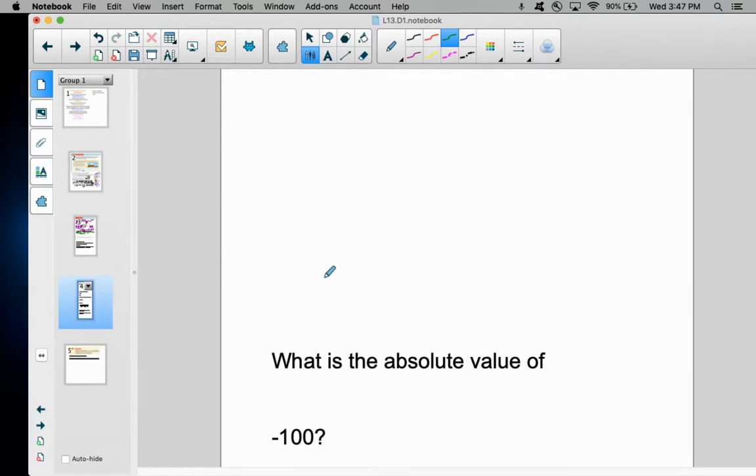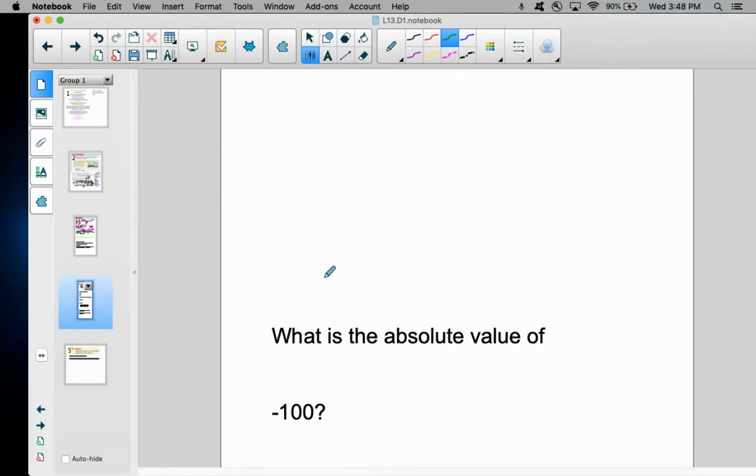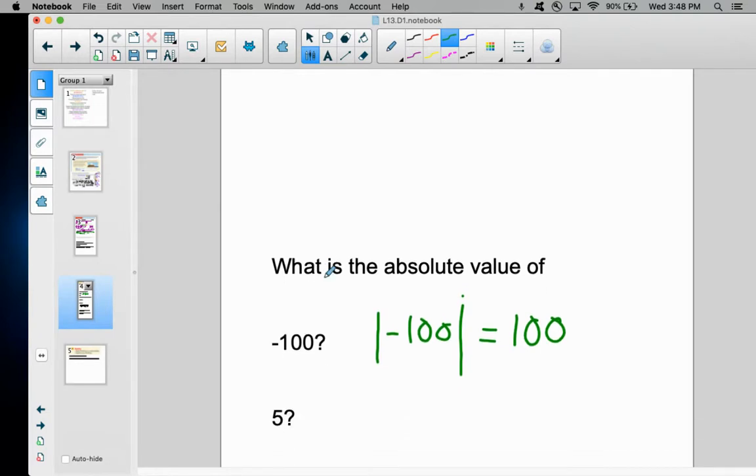The absolute value of negative 100 is going to be the positive form of it. So the notation is with those two lines, and that is going to be positive 100. So we did that in a chat race. Then we found the absolute value of 5.